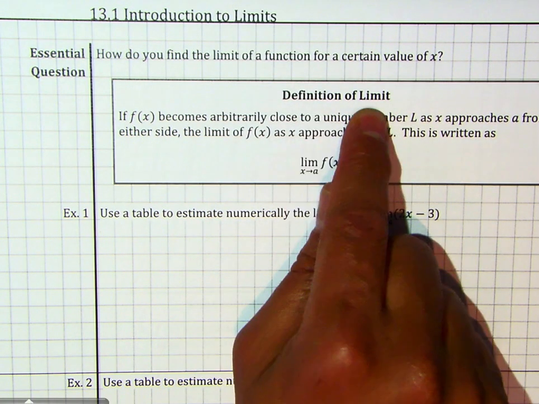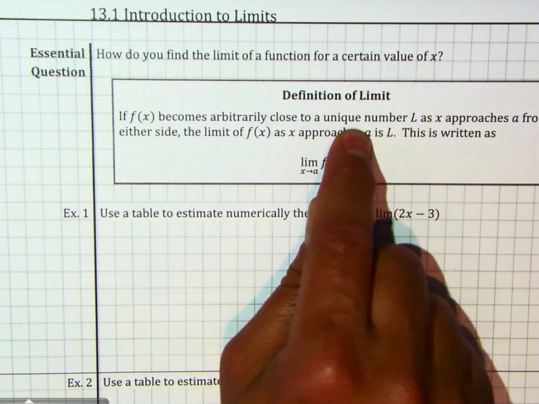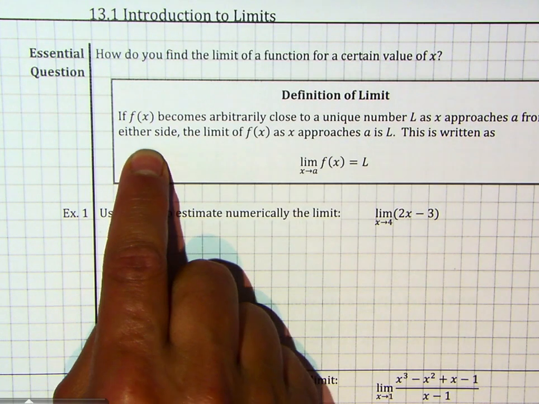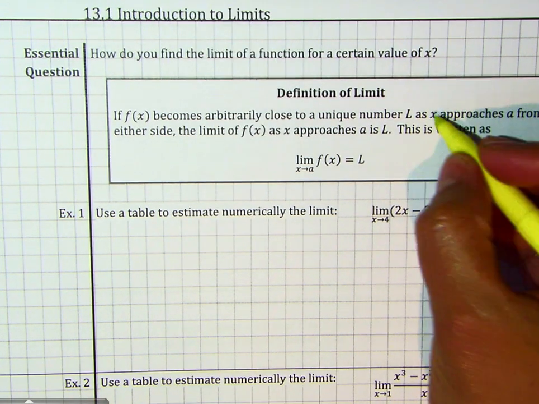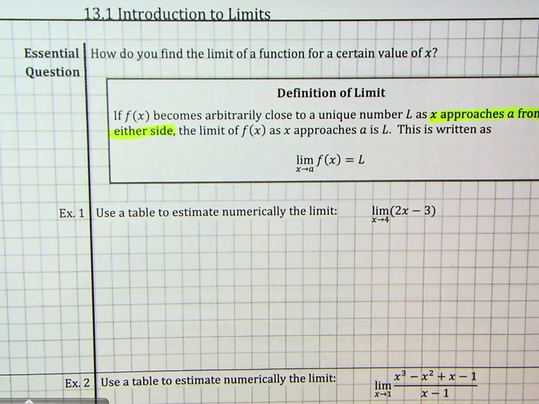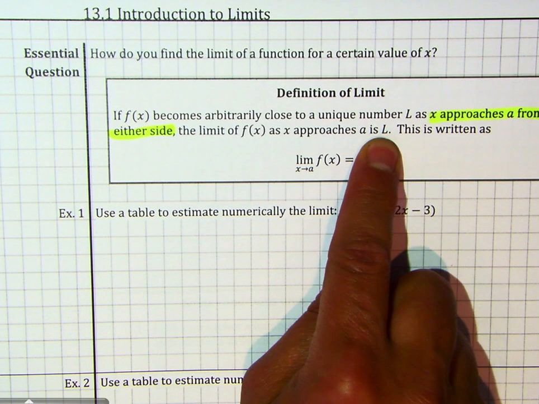So the definition of a limit. If f of x becomes arbitrarily close to a unique number L as x approaches a from either side, and that is the key thing, as x approaches a from either side, if f of x approaches the same value L, then we say that L is the limit.